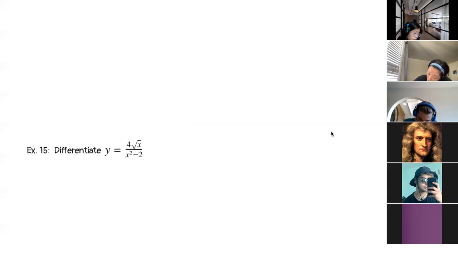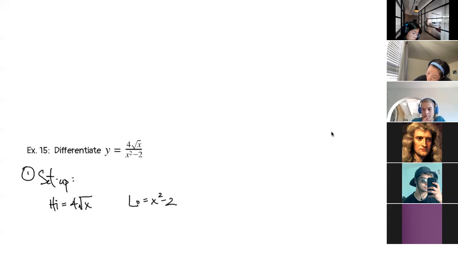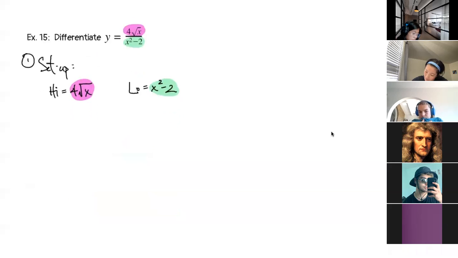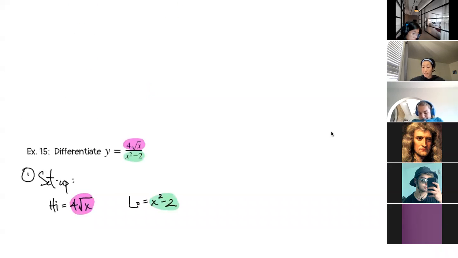What's our F and our G for number 15? Good. Okay, so those are it for the examples that we have in this particular one.